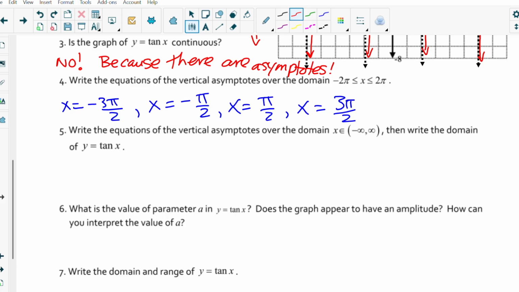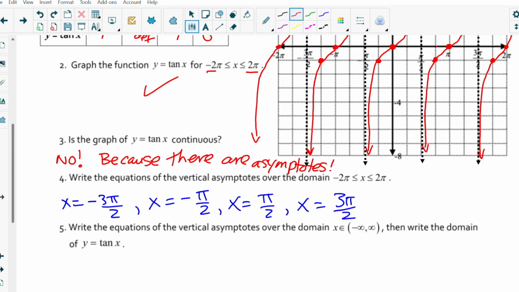Well, how often does this vary? Look at the spacing between them. That's actually the period. It is pi over 2 minus negative pi over 2, which equals pi.